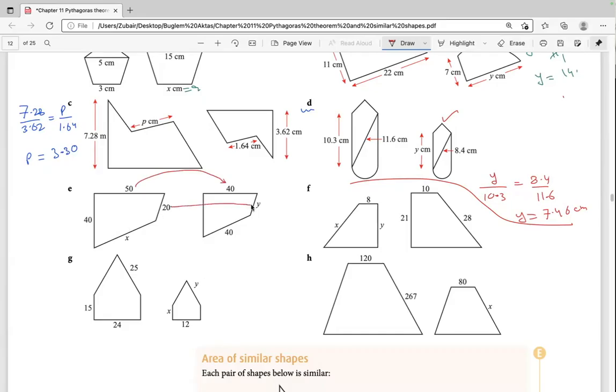Secondly, are these two similar? Thirdly, are these two similar? And fourth, the missing side, I'm not drawing that arrow. So looking at the diagram, I find out that these two are the same length, so it must be 50 and 50. Yes, so x is equal to 50.